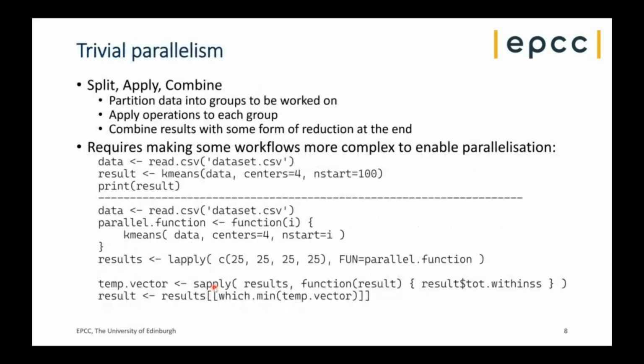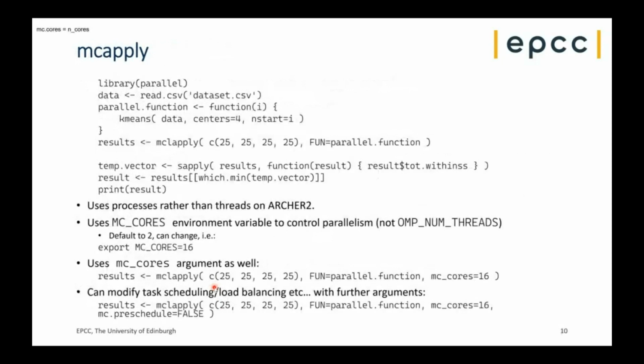So by default, this sapply, lapply stuff will use threads to do this. If we want to go up and use processes instead of threads, then we can use mclapply, and that will do the same thing, but we'll run it on processes rather than threads. And then we're not going to control the number of workers with OMP_NUM_THREADS. We control it with this environment variable here called mc.cores. Or we can pass that into the function directly and say, apply this on 16 cores, and it'll go away and do that.